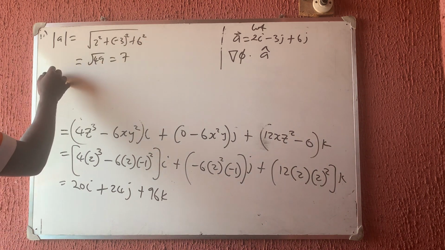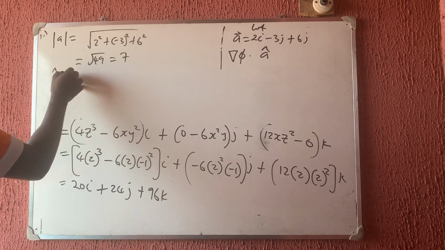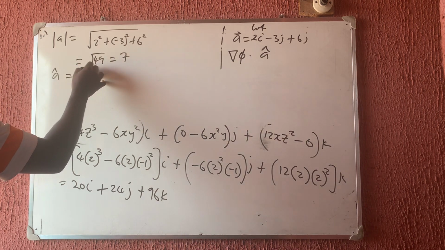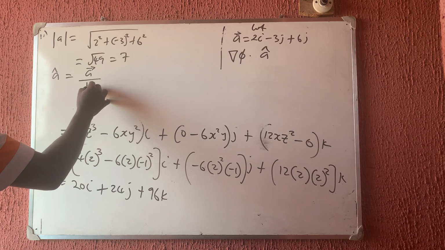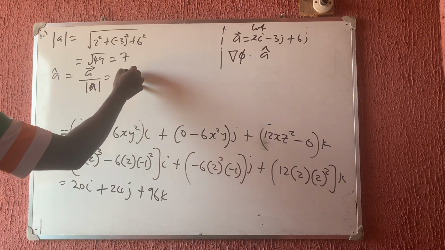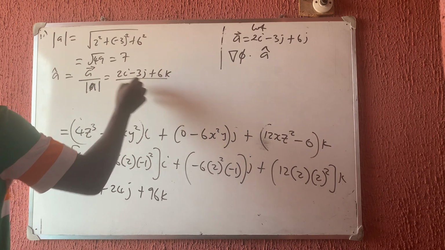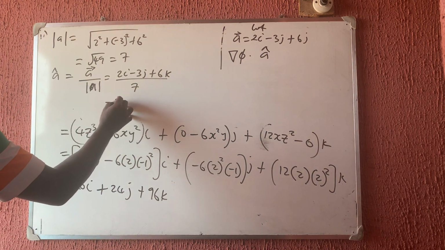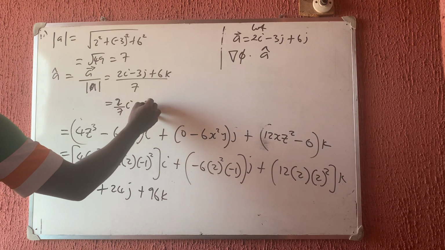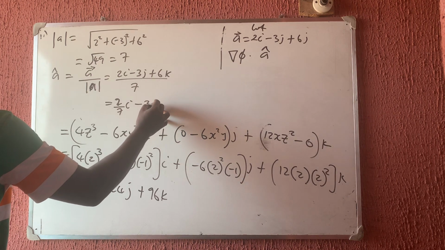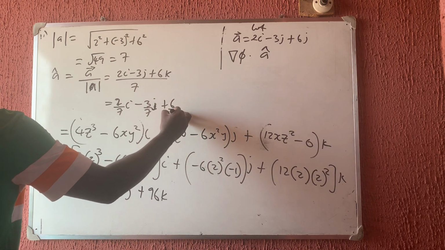Okay, so the unit vector of this is simply this vector itself all over the magnitude of that vector. So which is what? 2i minus 3j plus 6k divided by 7. So which will give you 2 over 7 i minus 3 over 7 j then plus 6 over 7 k.